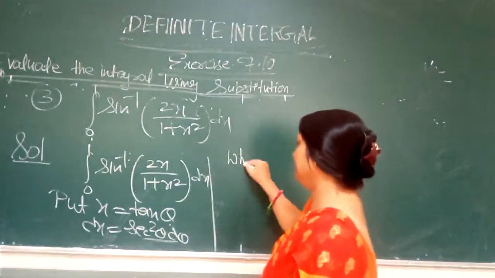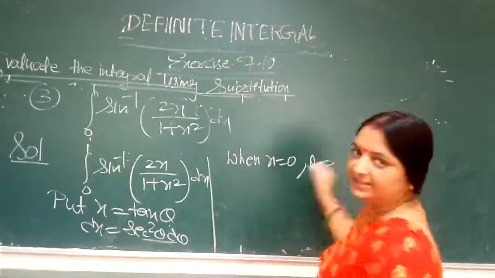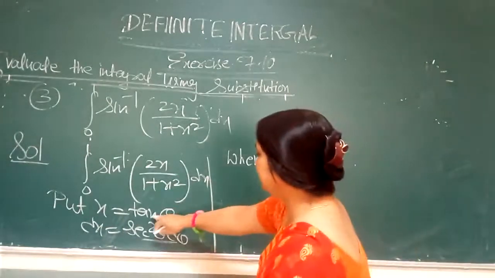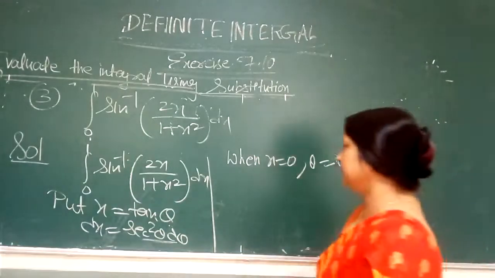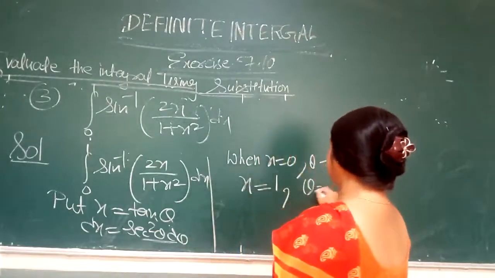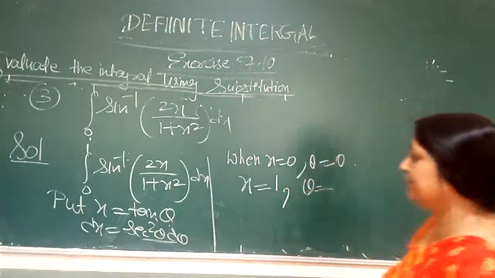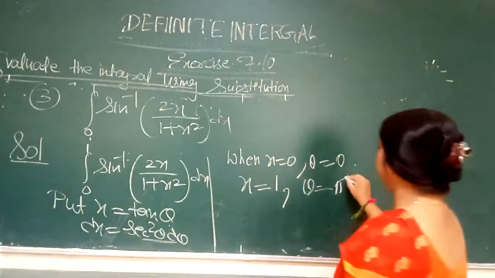When x is equal to 0, what is theta? Theta is also 0 because tan 0 is 0. Now when x is 1, what is theta? Tan theta is 1, so theta is tan inverse 1, that is equal to pi by 4.